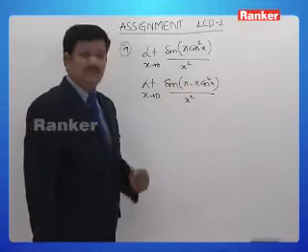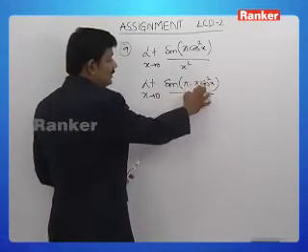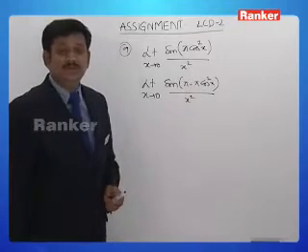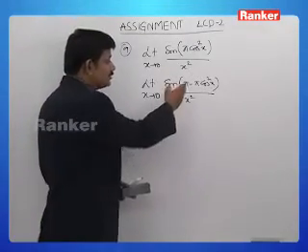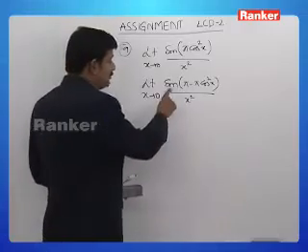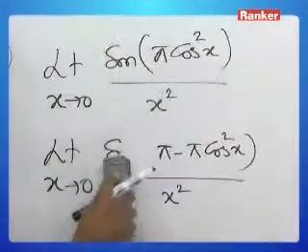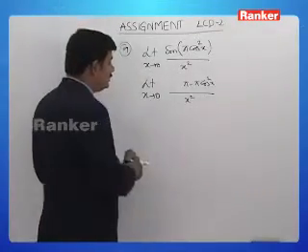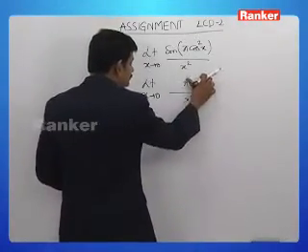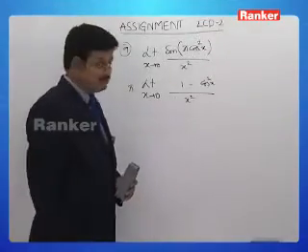Sin of any number tending to 0 can be equivalently written as that number, since sin x is equivalent to x. So as pi minus pi cos square x is tending to 0, we can replace the sin by simply pi minus pi cos square x. And we can take this pi common, because it is a non-zero finite number, so we can write it outside the limit.